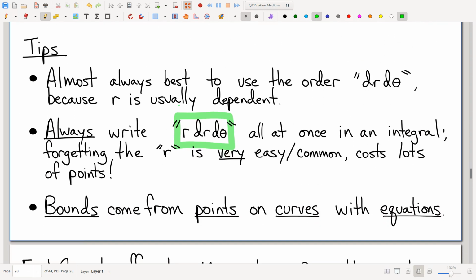So my hack, little personal problem solver on this, is that I always write down the R at the same time that I write down the differentials. I always, at this point going forward, I always write down R dr d theta all at once. I never write down dr d theta in solving a problem without having the R instantly written down there at the same time.